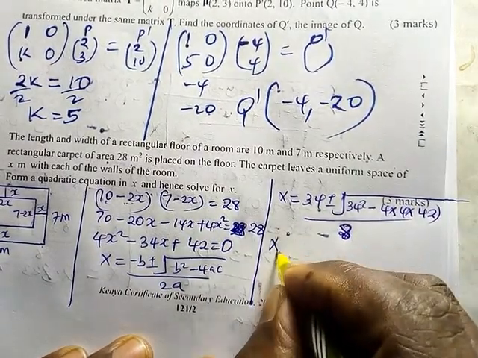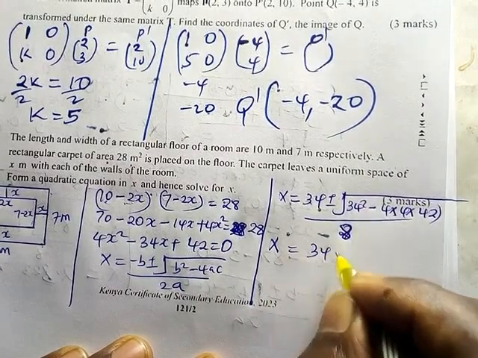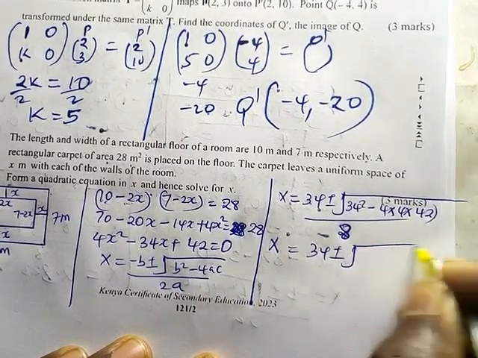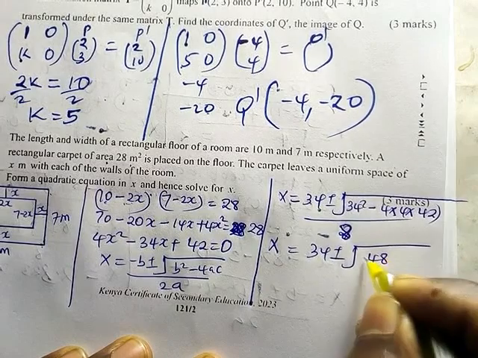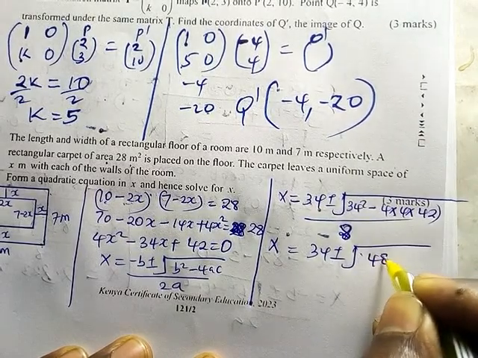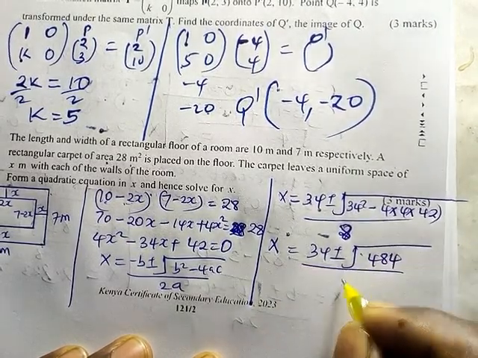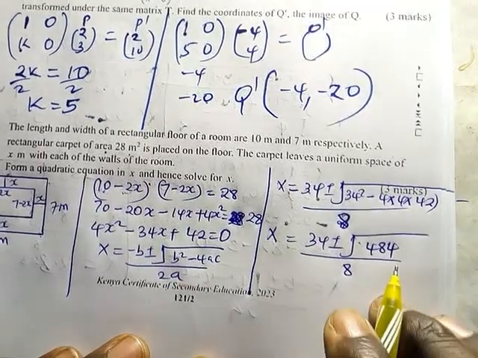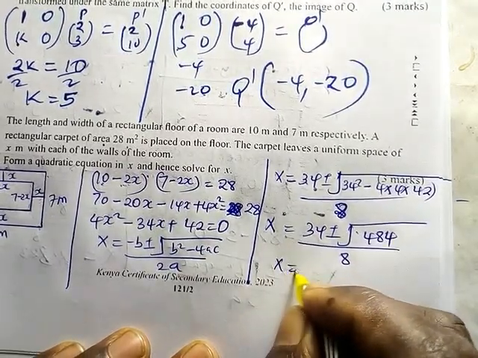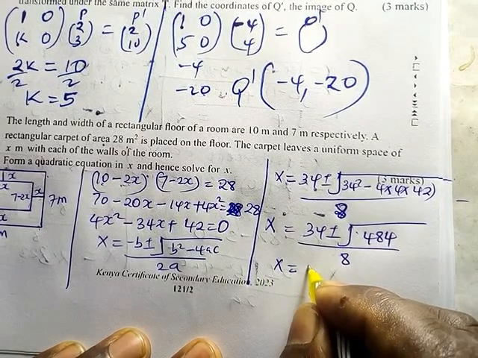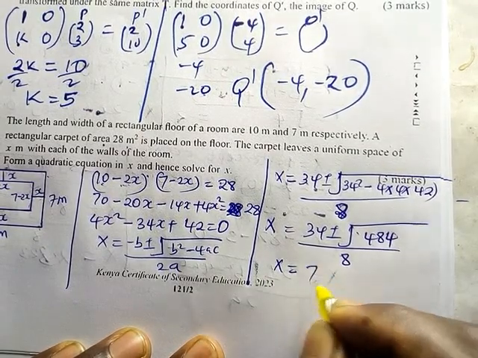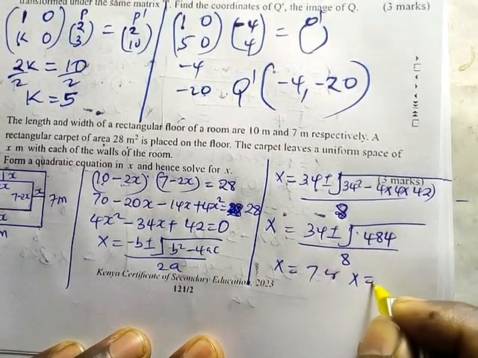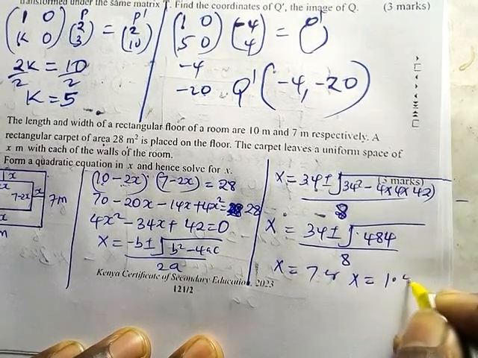So x is equal to 34 plus or minus the square root of 484 divided by 8. So x is equal to 7, or x is equal to 1.5.